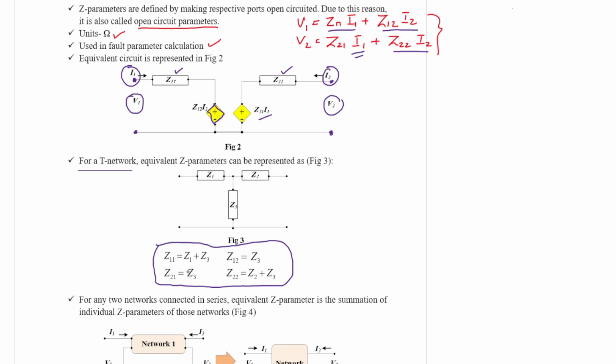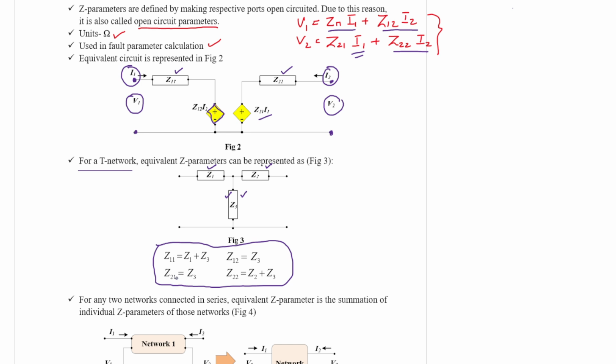What is that? Z11 is equal to Z1 plus Z3. Z1 is this arm and Z3 is this arm. Z22 becomes Z2 plus Z3. And Z12 and Z21 are both Z3.